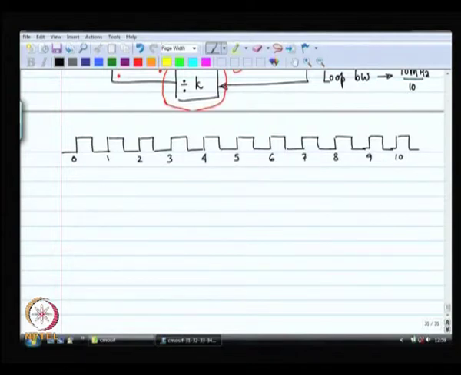And I am going to follow this algorithm that for 2 clock cycles I am going to divide by 2, and for 3 clock cycles, I am going to divide by 3.